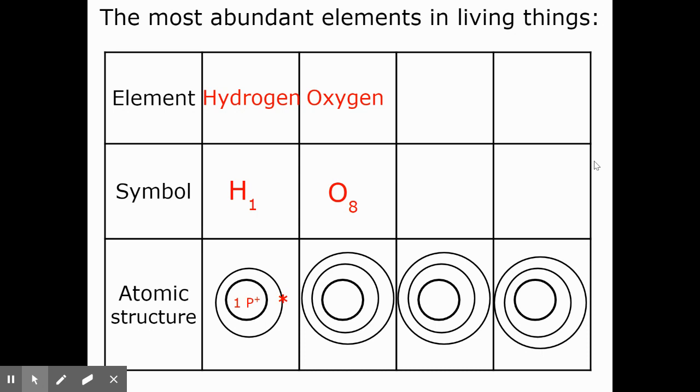Oxygen, symbol O. I put a little 8 next to it because that's the atomic number of oxygen. So 8 means that there are 8 protons in the nucleus of an oxygen atom. If there are 8 protons, there have to be 8 electrons around the nucleus. First, we start with the first 2 because the first shell can hold 2.